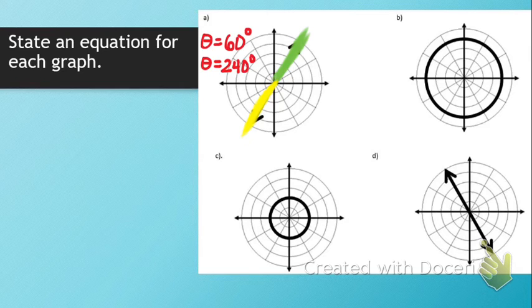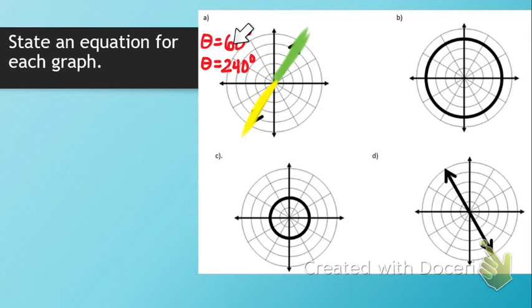Now we can also go negative. So you can use your calculator if you're more comfortable doing that, that's okay. So if you want to take 60 and subtract 360, that's going to give you negative 300. So in your calculator, go ahead and subtract.